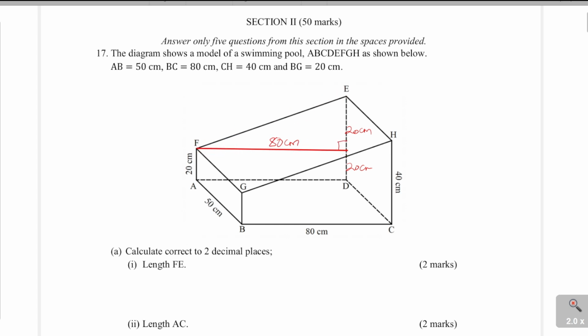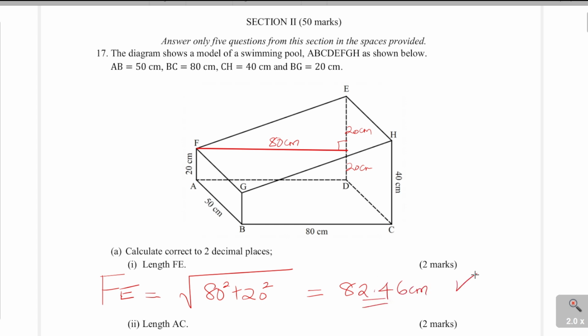FE is the hypotenuse. So FE is given by the square root of 80 squared plus 20 squared. When you use your calculator, correct to two decimal places, you get 82.46 centimeters. That is part 1.